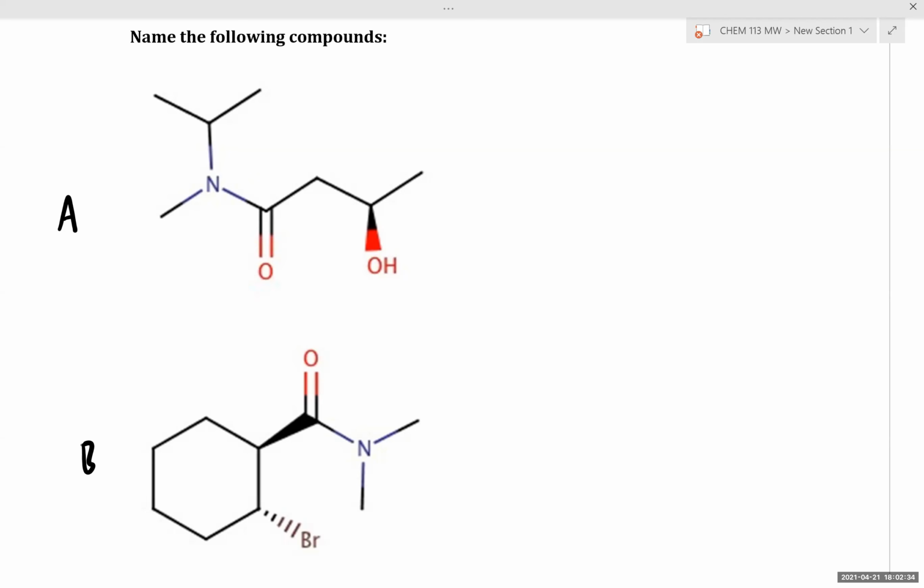So let's start with this first compound. The N is just indicating that we have a substituent on nitrogen. And just like any other case where we have substituents, we name our substituents alphabetically.